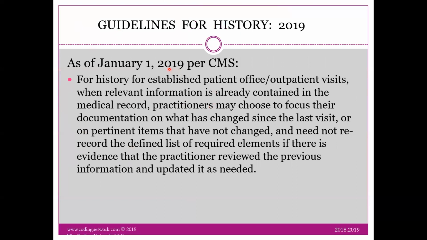So what they stated, this is new for January 2019, it's really a small change: for history for established patients, when relevant information is already contained in the record, practitioners may choose to focus their documentation on what has changed since the last visit, or on pertinent items that haven't changed, and need not record the defined list of required elements if there's evidence the practitioner reviewed the previous information and updated it as needed.